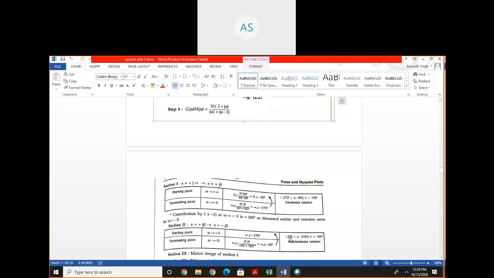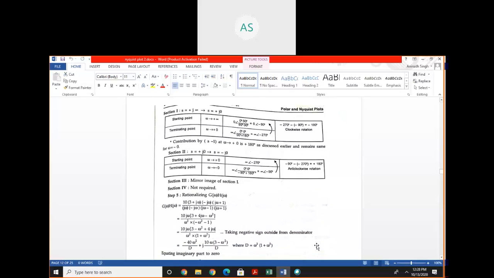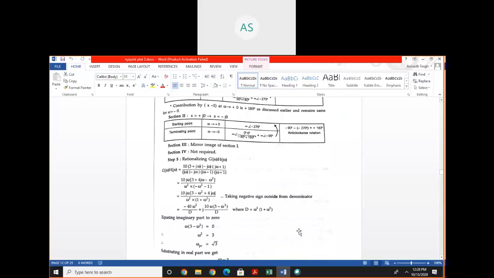So we get infinite magnitude and angle contribution is minus 90 degree, final value minus initial value, we get plus 180 degree anticlockwise rotation.